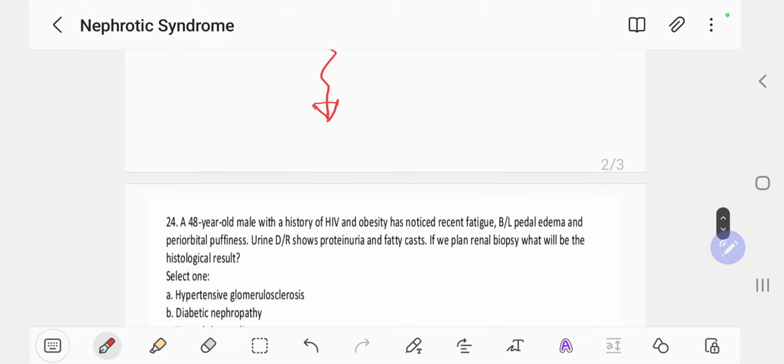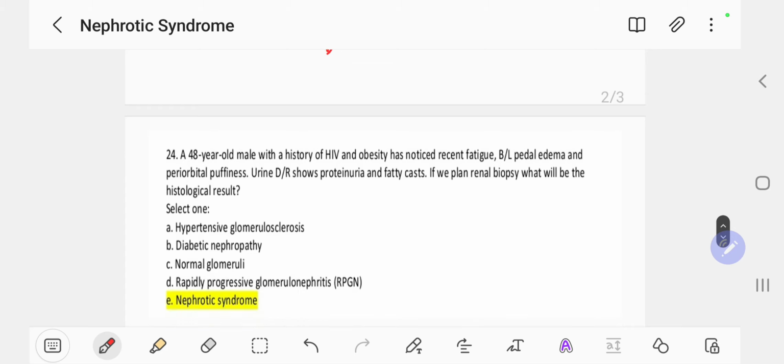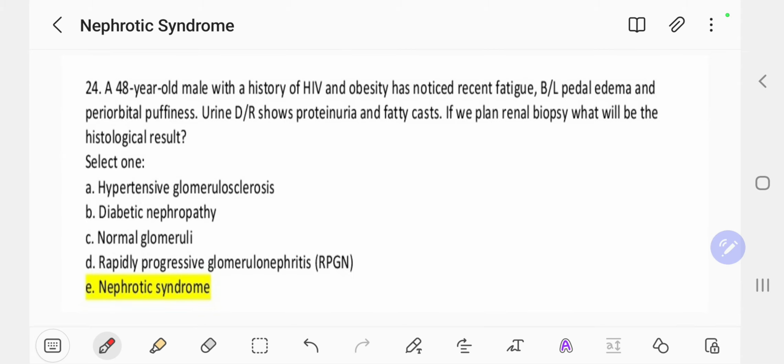So okay, now let's go through some MCQs that clear your points. So this is a 48-year-old male with a history of HIV and obesity. He has bilateral pedal edema.